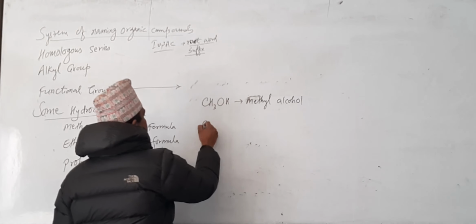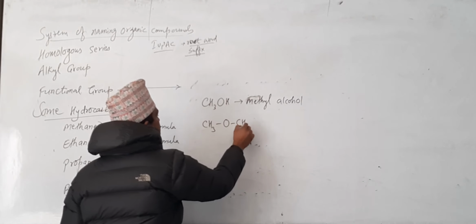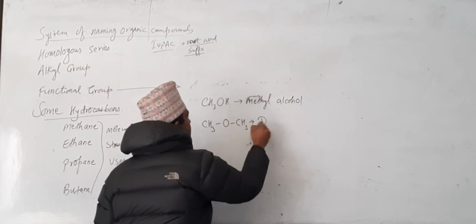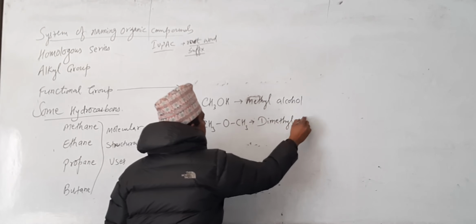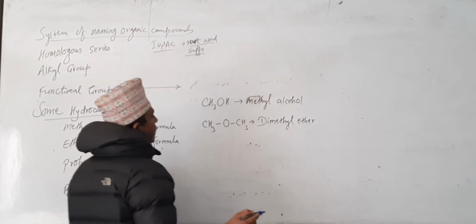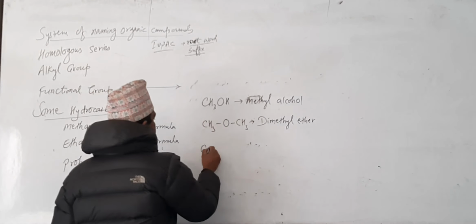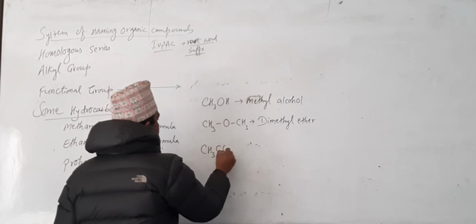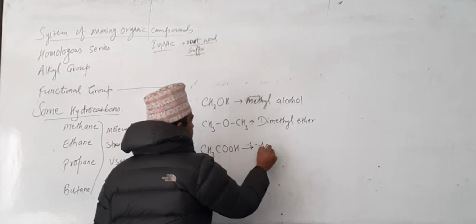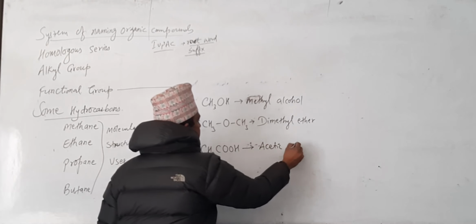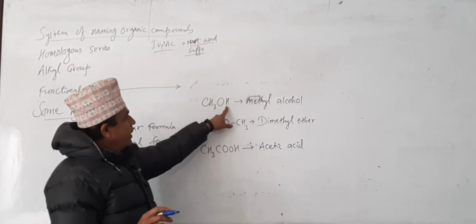Like CH3-O-CH3, it is called dimethyl ether. Next one, CH3COOH, its name is acetic acid. Methyl alcohol, see OH is alcohol.